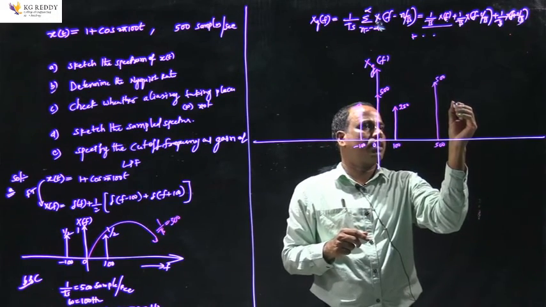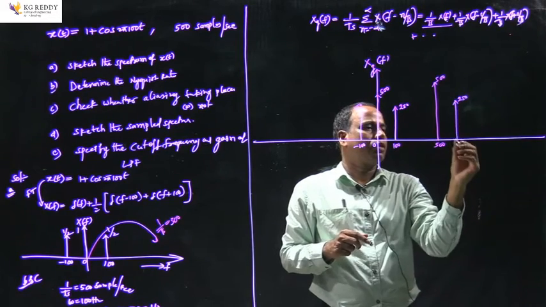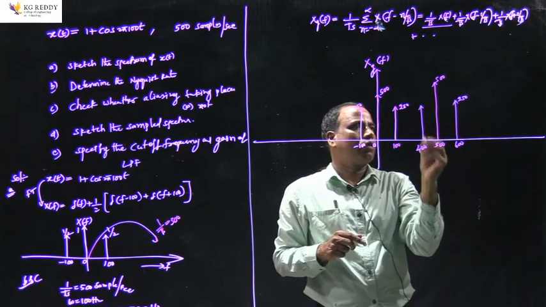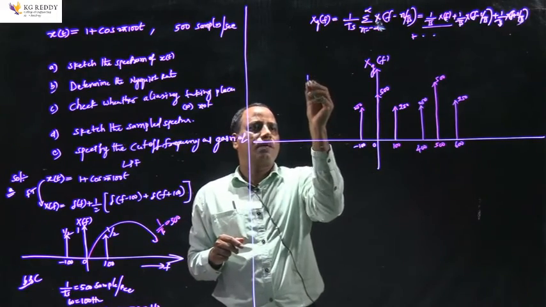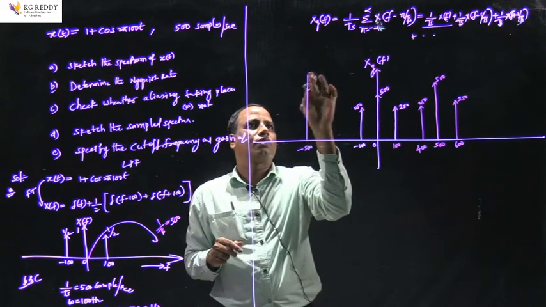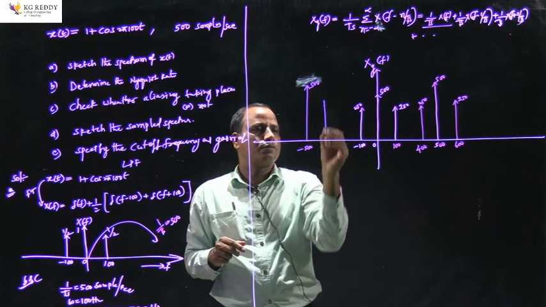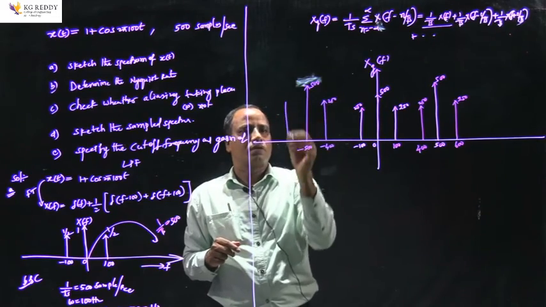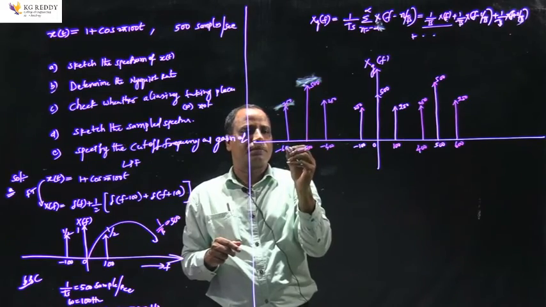So 500 plus 100 becomes 600 with 250, and 400 with 250. Similarly, the negative side will have the same analysis: at minus 500 with an amplitude of 500, at minus 400 with an amplitude of 250, and at minus 600 with an amplitude of 250.